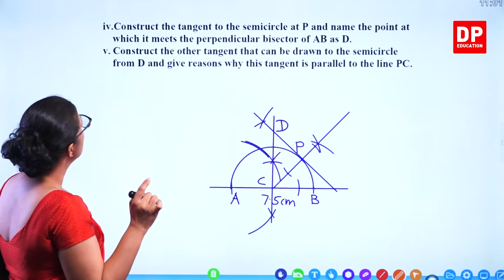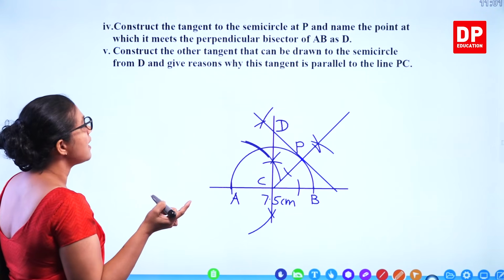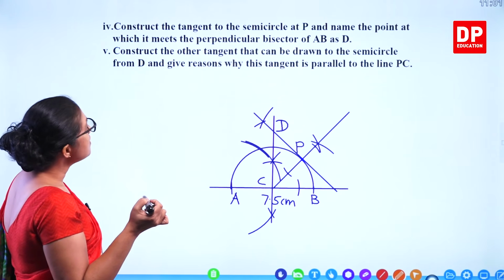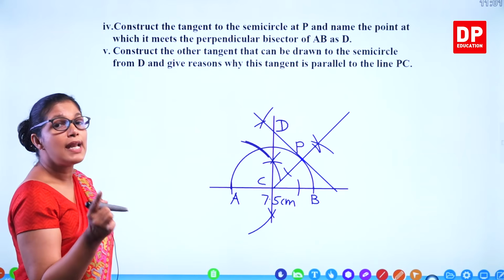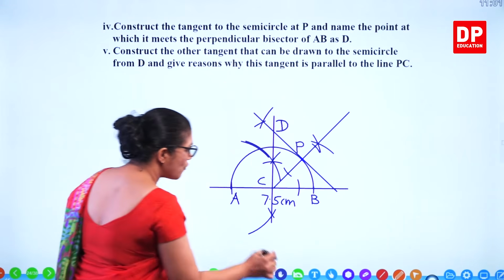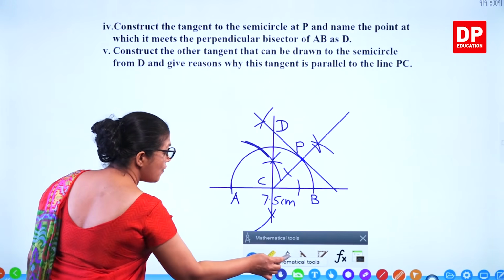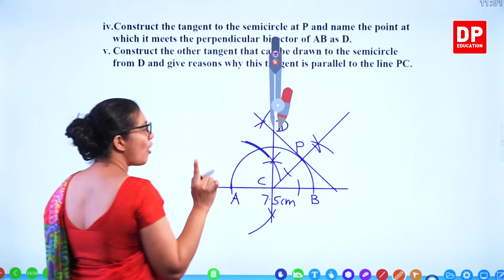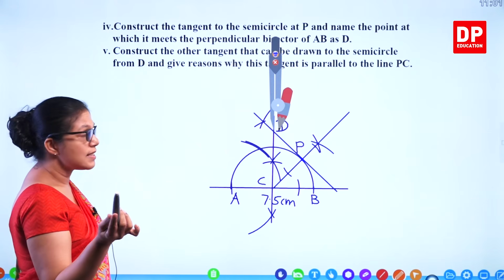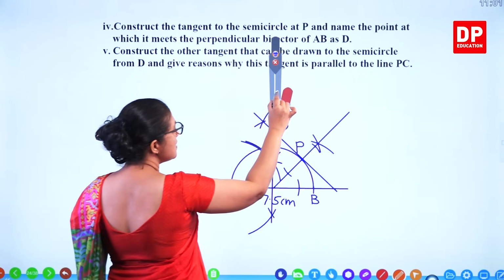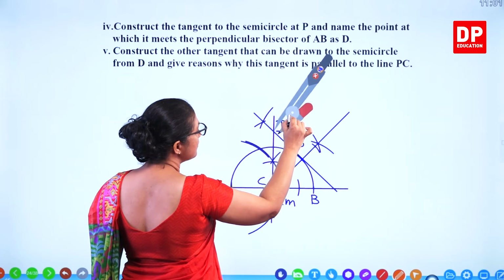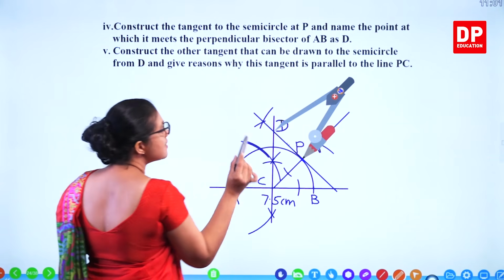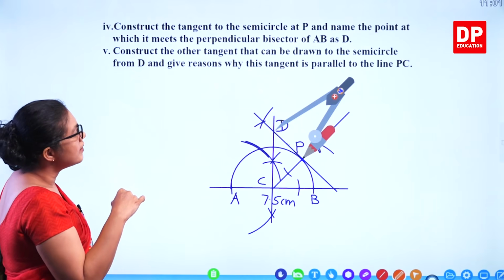Then 5th part, construct the other tangent that can be drawn to the semicircle from D and give reasons why this tangent is parallel to the line PC. So how you draw the other tangent line? We know that when you draw tangent line from outside point, the lengths of the tangents are equal. So that means when you take this length here to here is the same as with the other tangent line.